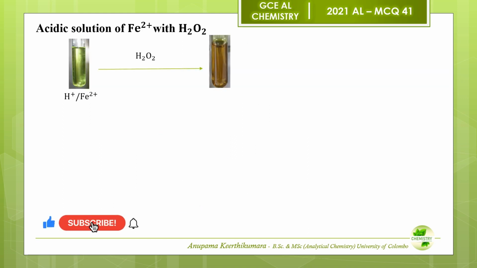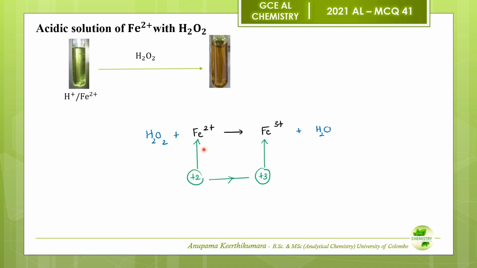When an acidic solution of Fe2+ ions reacts with hydrogen peroxide, Fe2+ ions are oxidized to Fe3+ ions and hydrogen peroxide is reduced to water. The oxidation state of iron in the Fe2+ ion is +2 and in the Fe3+ ion is +3.